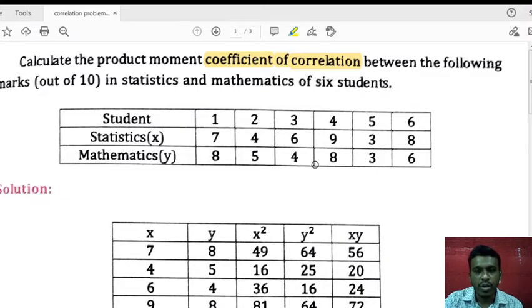In maths also, the highest marks are tied here, 8 and 8 between student 1 and student 4, so both will get first rank, and so on. We can discuss this in the rank correlation method, but as actual marks are given, we can proceed ahead with Karl Pearson's coefficient of correlation.